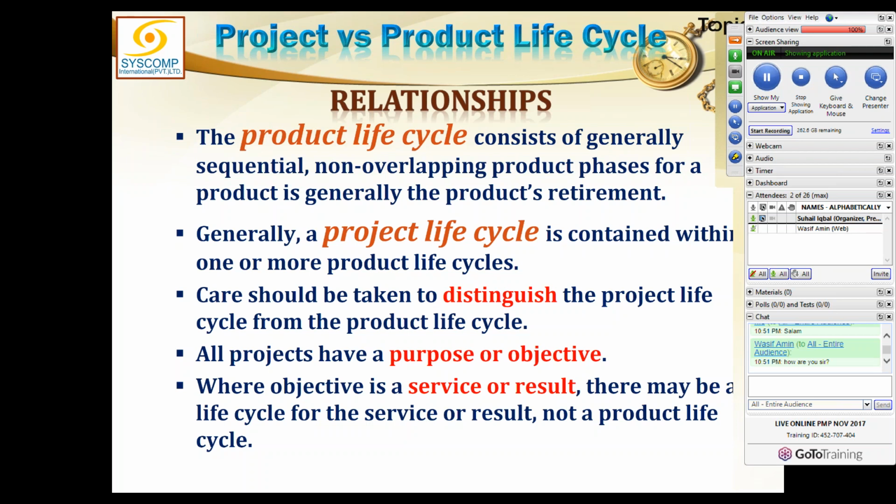But within that product life cycle, you could have a number of projects related to that product, and there could be many project life cycles. Therefore, the product life cycle does not start by the end of the project life cycle, but product life cycle has started much earlier.